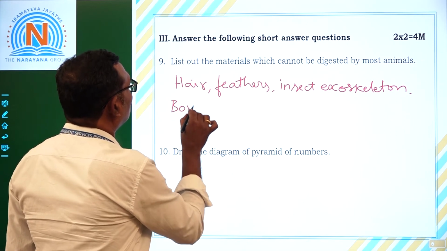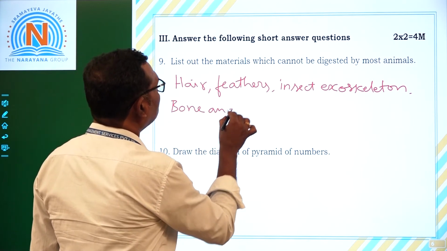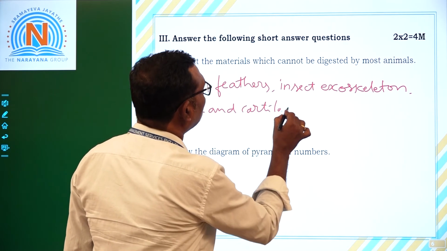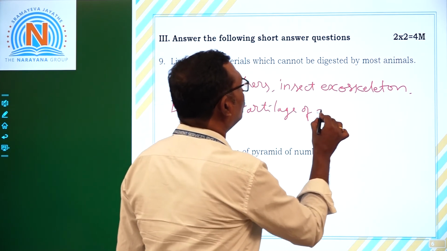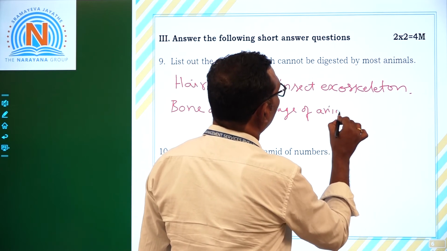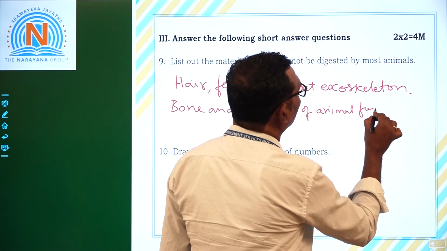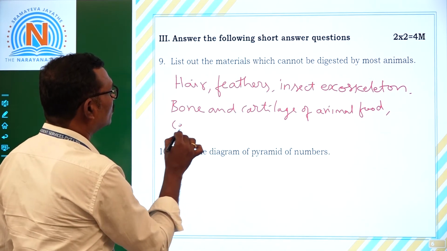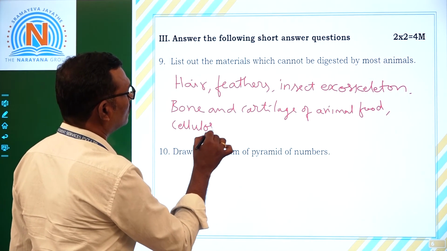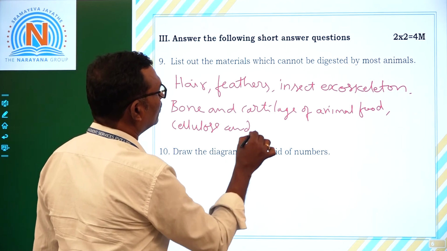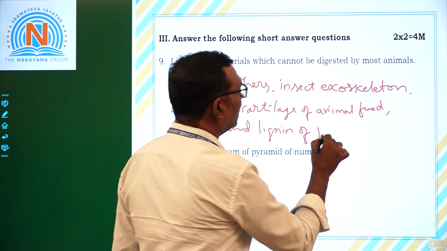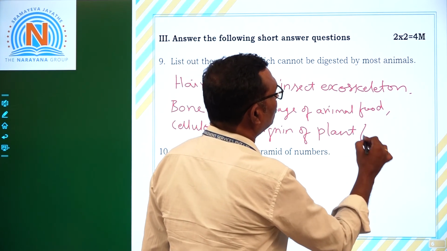Bone and cartilage of animal food. Cellulose and lignin of plant food.